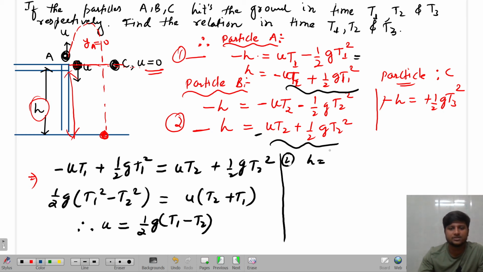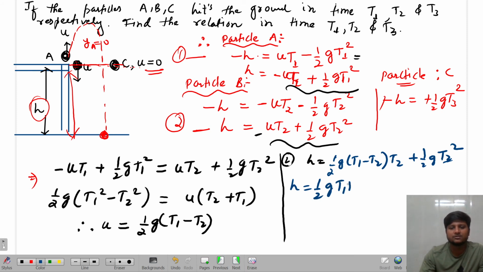So h is equal to u, that is half g into t1 minus t2, so half g t1 minus t2 into t2 plus half g t2 square. Got it or not? Now this t2 square and t2 square get cancelled over here. What I get as the relation? h is equal to half g t1 t2.